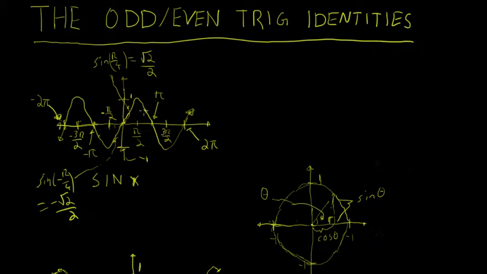And it seems here for every point x, y, you have a point negative x, negative y. So here the sine of pi over 2 is 1, but the sine of negative pi over 2 is -1. The sine of pi is 0, the sine of negative pi is 0. The sine of positive 3 pi over 2 is -1. The sine of negative 3 pi over 2 is positive 1.